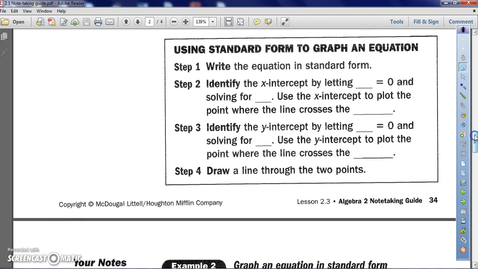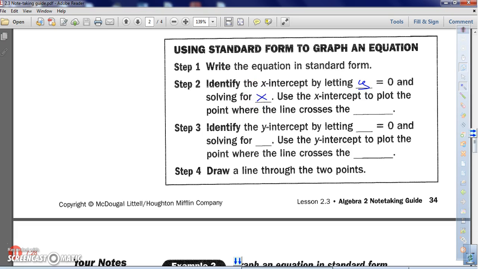Now, if we're using standard form, when we have an equation in standard form, it might be easiest to graph if we can identify the x and the y-intercepts in the problem. To identify an x-intercept, we can let y equals 0 in the problem and solve the equation for x.